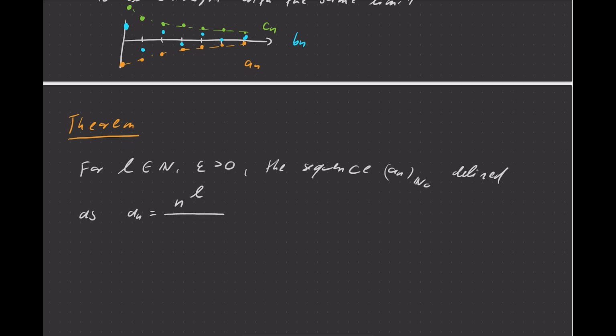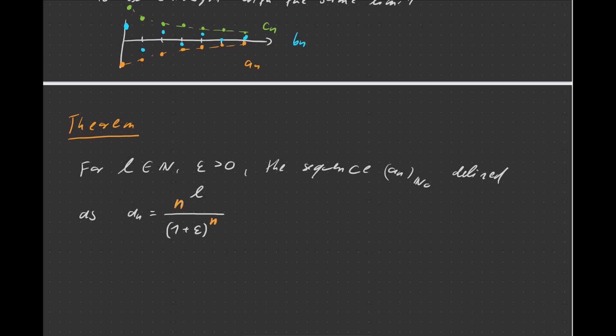And the denominator will not be a polynomial but an exponential function. So that means we have some constant number, 1 plus epsilon, possibly a very small number but greater than 1, and we take that to the power of n. So the n appears here and here.